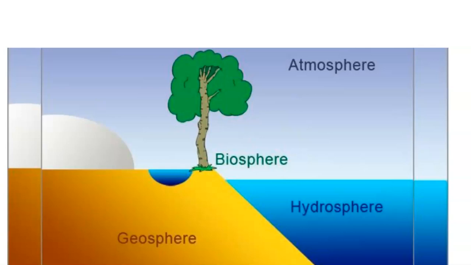Okay, and one of the words that we're going to define soon as we study ecology is the biosphere. The biosphere is that part of Earth that supports life. So what part of Earth supports life? Well, quite high into the atmosphere there's bacteria floating around.